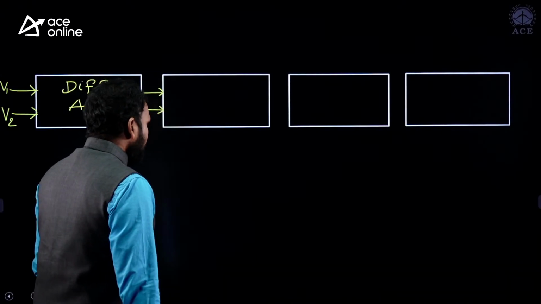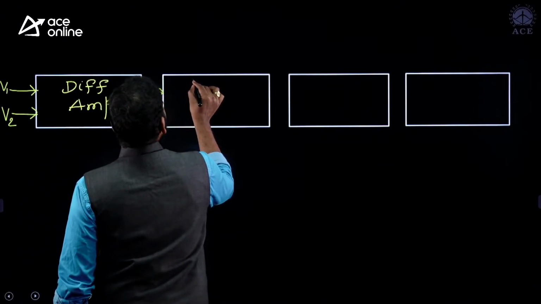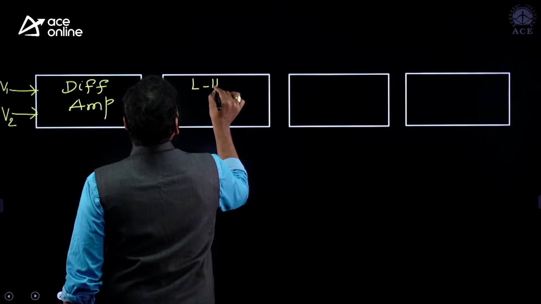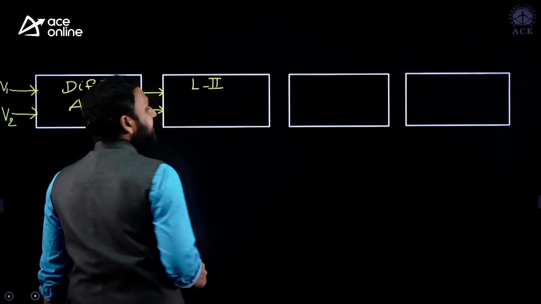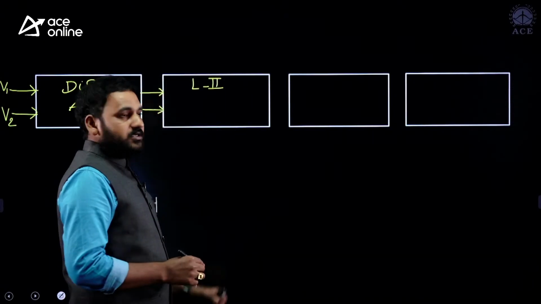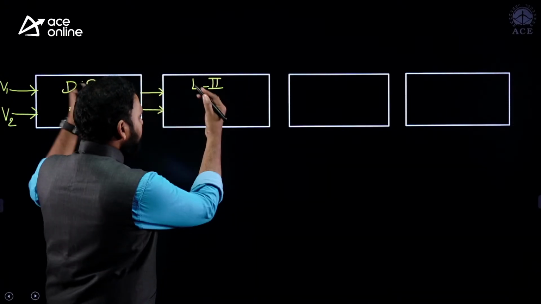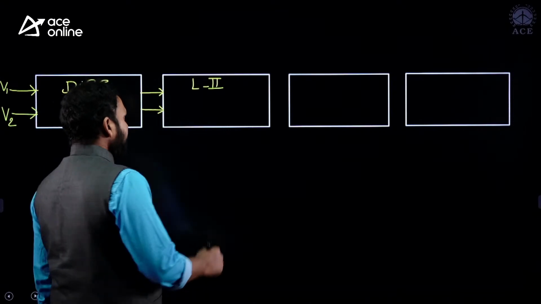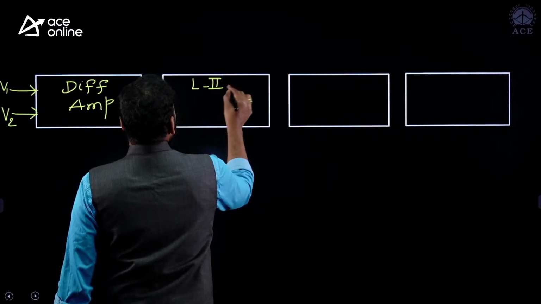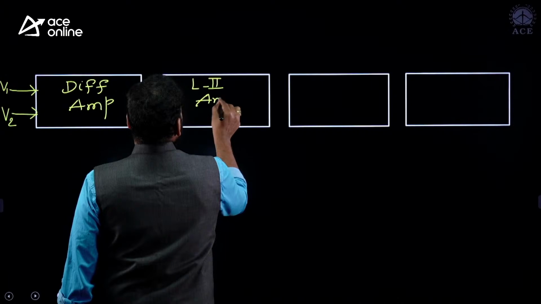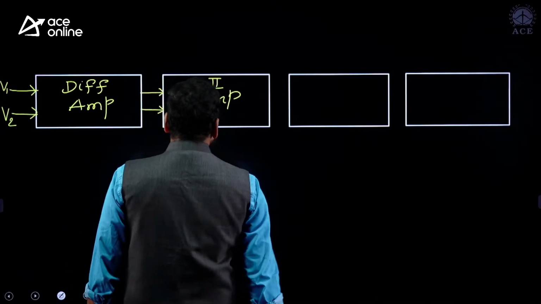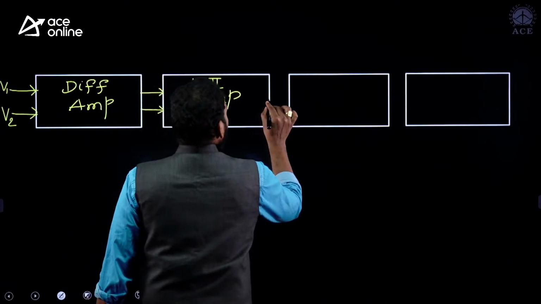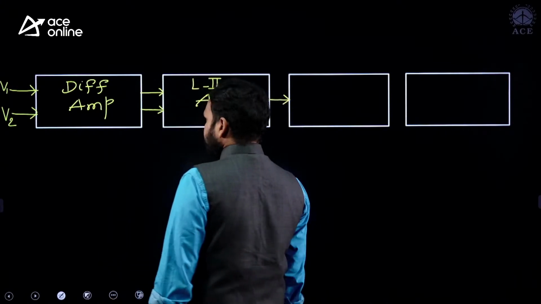And the second block is also the same, but to improve the gain we are using a level 2 amplifier, also called a gain stage. I repeat, to improve the gain we are connecting multiple amplifiers in cascade. So this is a level 2 amplifier, also called a gain stage, but it will produce only a single output.